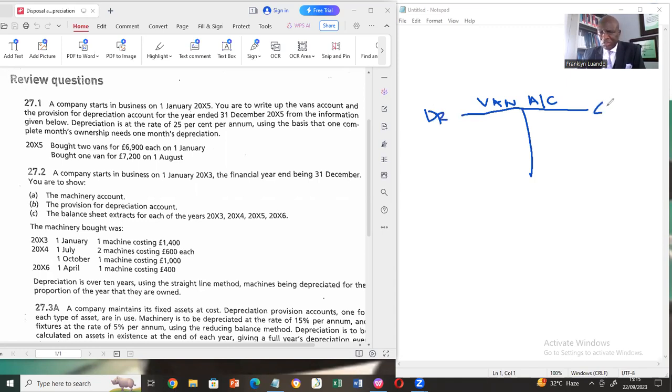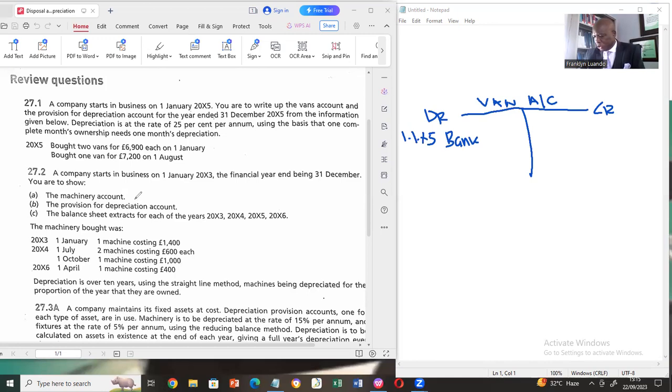An account has 2 sides. So we have an asset acquired on 1 January X5. So this is by bank. We are told two vans, 6,900 pounds each.